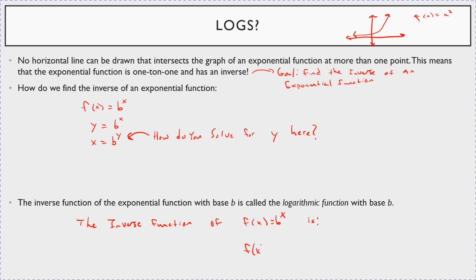I'll also just call it f of x. It's equal to the log base b of x. So think of the log itself as a function, right? What I'm inputting into the log base b is the value x here. Okay, so this is the inverse function of b to the x.